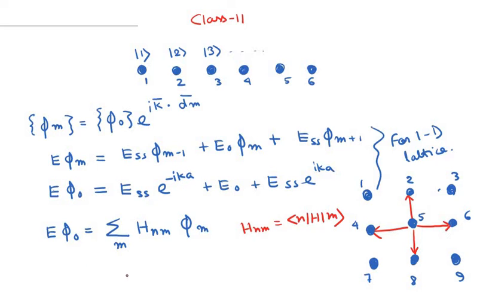Let me actually complete this equation, and so this equation can actually be written as E phi 0 equals to H k phi 0, where H k basically has this form.